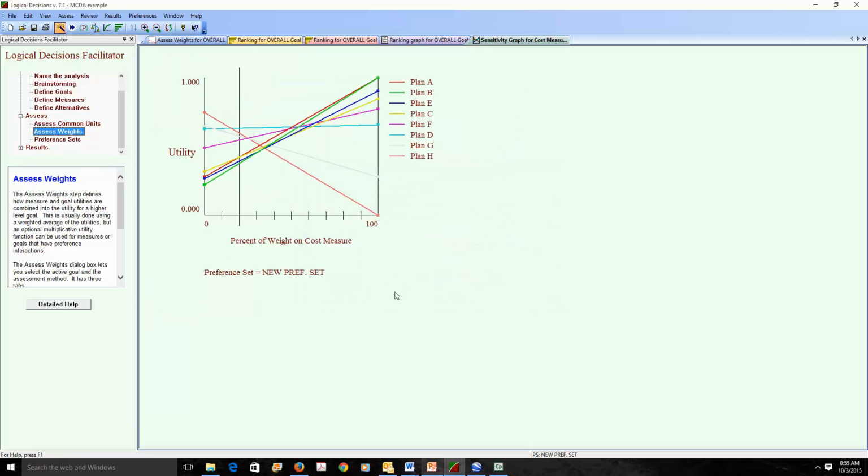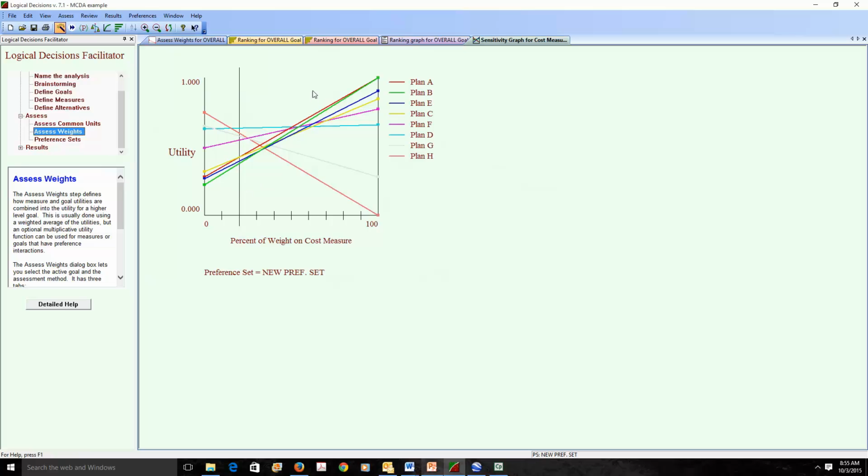Sensitivity graph. If I put cost up there, I selected cost. So this line is showing me the current weight for cost. At the current weight for cost, this blue plan here, Plan D, is best. And then, I'm having a little trouble pulling that out, it looks like Plan H is next best for cost.